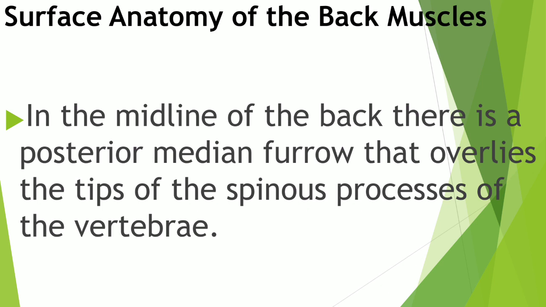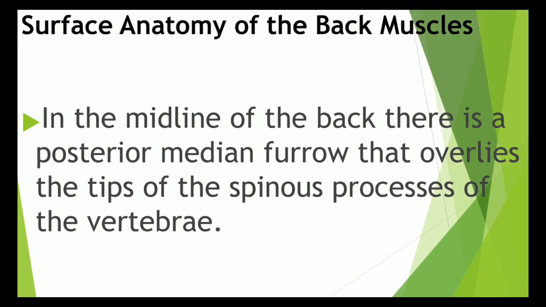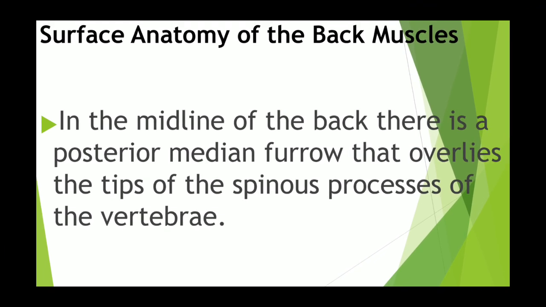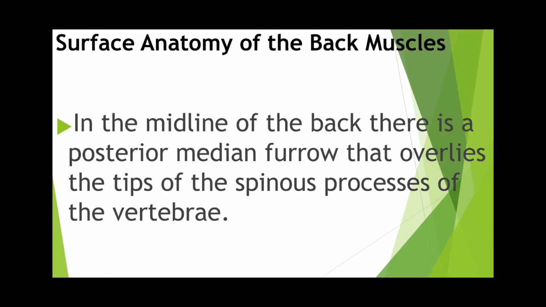Now we're still looking at the surface anatomy of the back muscles. The posterior median furrow ends in a flattened triangular area covering the sacrum and is replaced inferiorly by the intergluteal cleft. I talked earlier about caudal epidural anesthesia, and you need the knowledge of surface anatomy of the back to carry out that procedure.